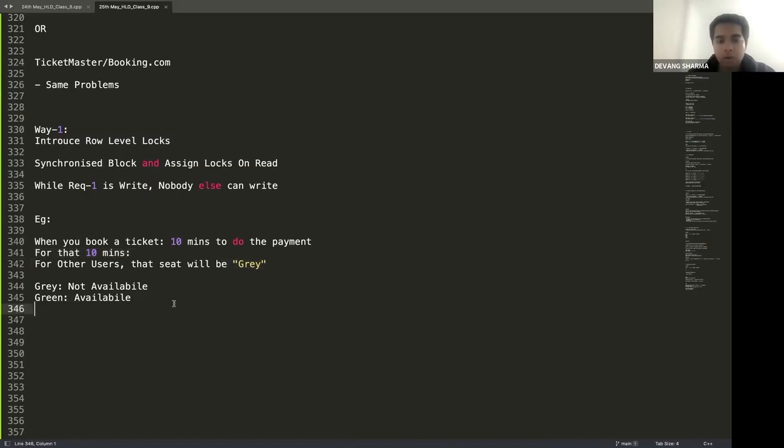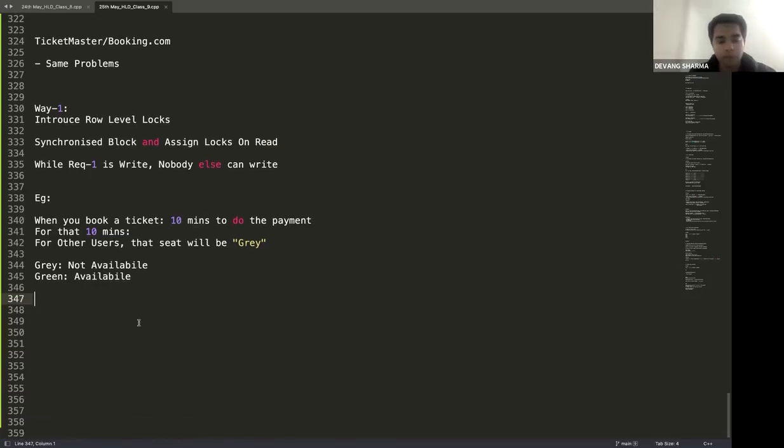Although the seat is temporarily on hold, it is not available. If the payment goes through successfully, it will remain not available. But if it does not go through, it would turn back to available. This part is what I'm referring to. Other people can still see the seat. It's just that it's not available to them.